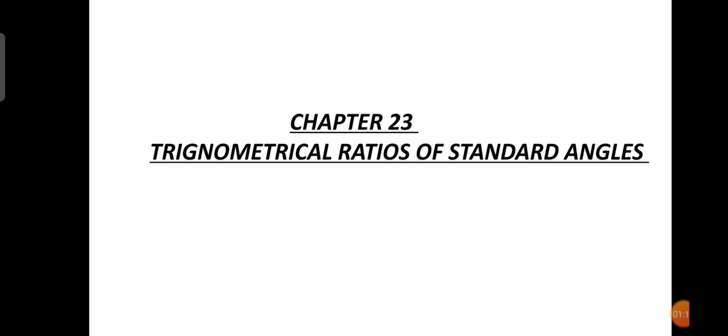A right angle triangle has one angle of 90 degrees, and the remaining two angles are acute angles, that is, angles less than 90 degrees. Standard angles are those acute angles, the remaining two angles of a right angle triangle. So let us start the chapter.